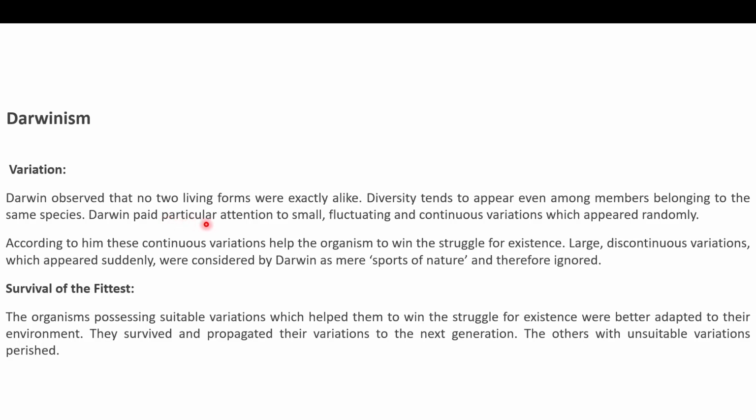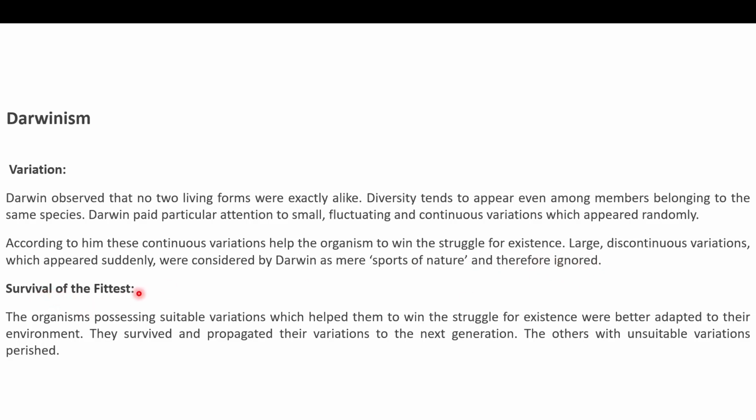Darwin paid particular attention to the small, fluctuating, and continuous variations which appeared randomly. According to him, these continuous variations help one living organism to win the struggle for existence. And large discontinuous variations which appeared suddenly were considered mere sports of nature, very random and rare events. Therefore, he ignored this part.